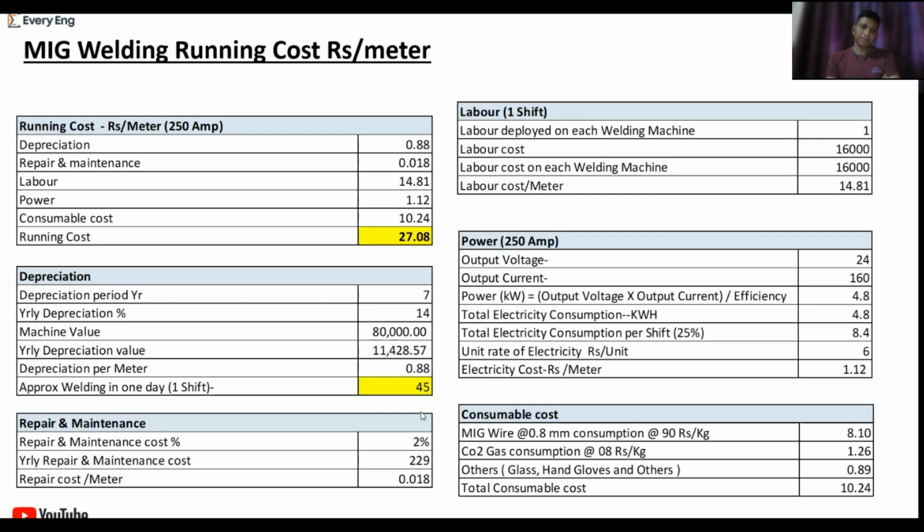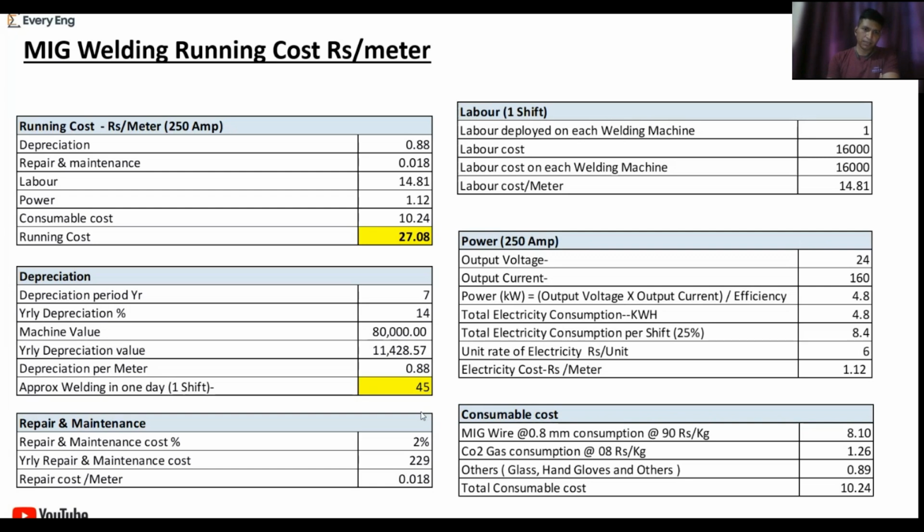But we consider 45-meter welding per shift by one welder. This value will change with the product shape and also location.